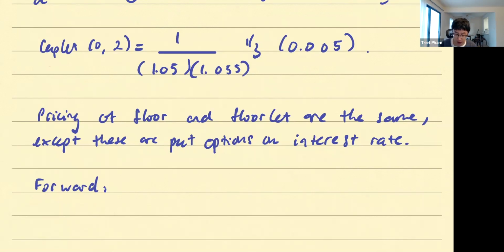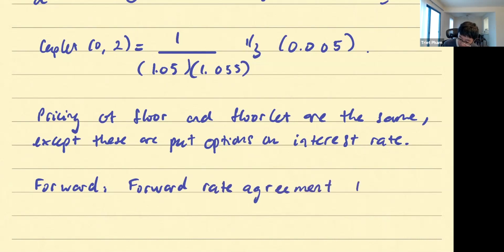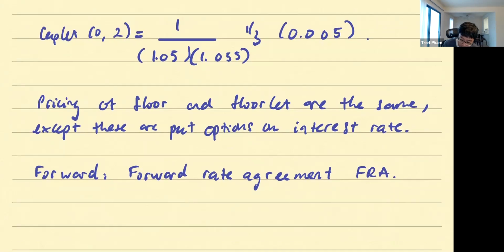Except that forward here always is understood as the one that makes the price to enter zero. So in other words, this should be called a forward rate agreement, or FRA. And together with this, there's something called a swap, and a swap rate.